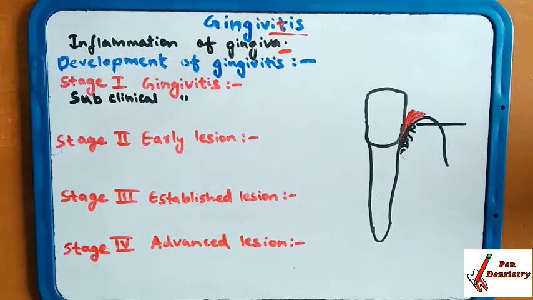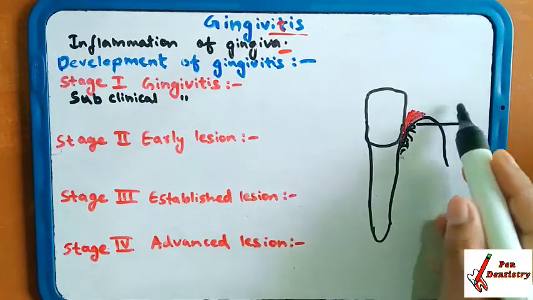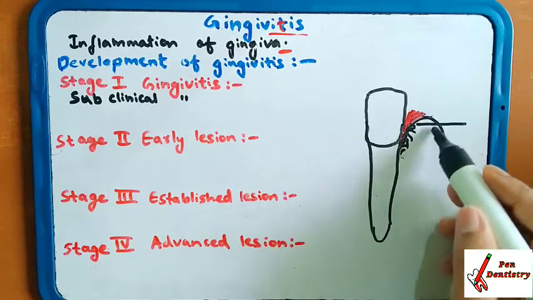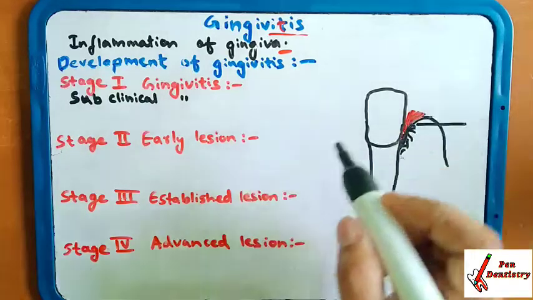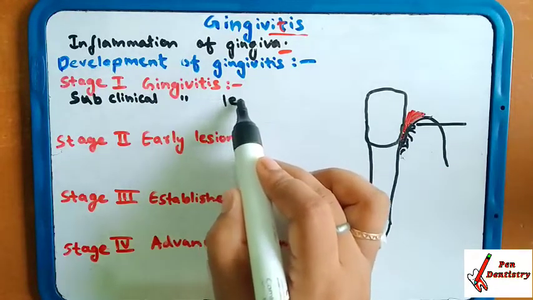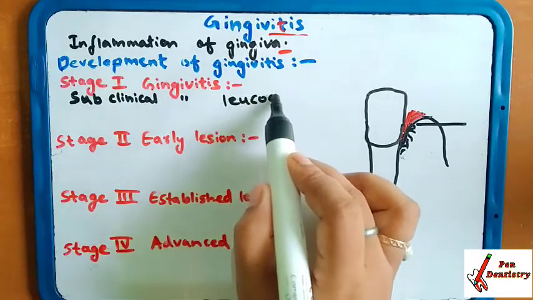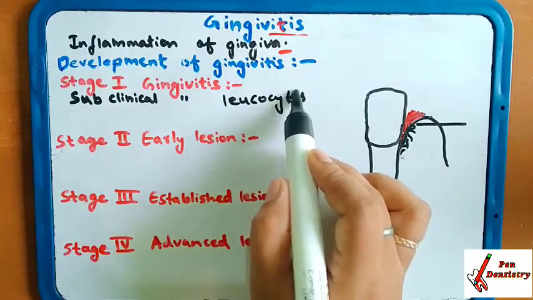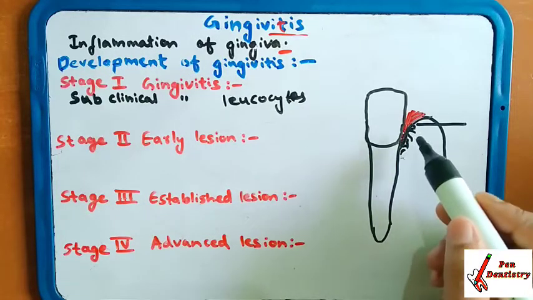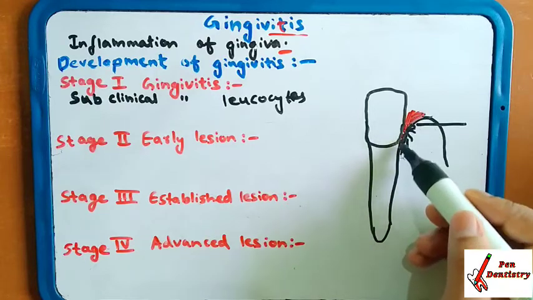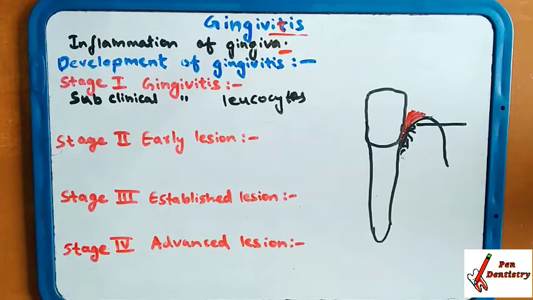There will be a change in the coronal portion of the junctional epithelium. You will see a change. Increased migration of leukocytes in the junctional epithelium as well as the gingival sulcus will occur.